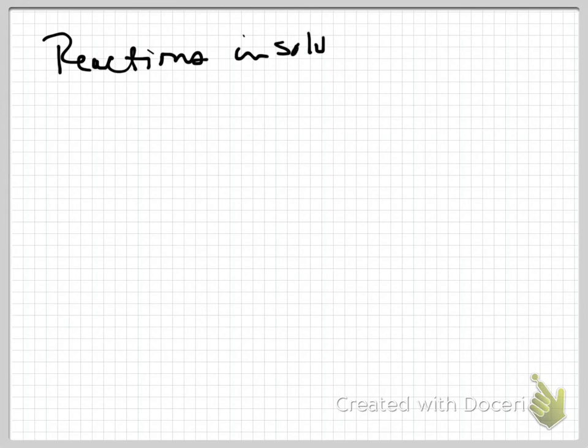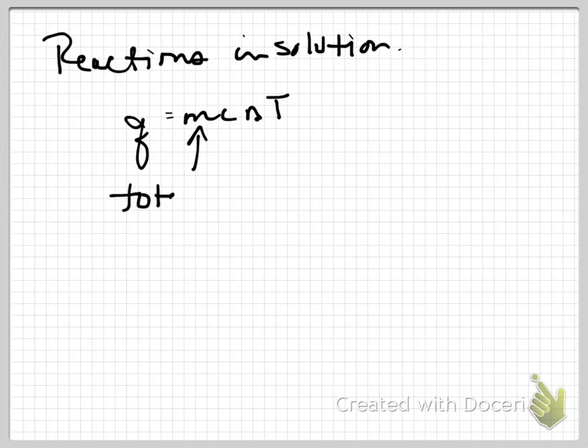Let's take a quick look at the reactions in solution. You're going to use the same Q is equal to MC delta T. This M, though, is going to be the total mass of your solution.